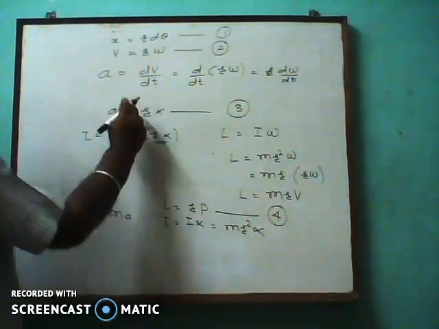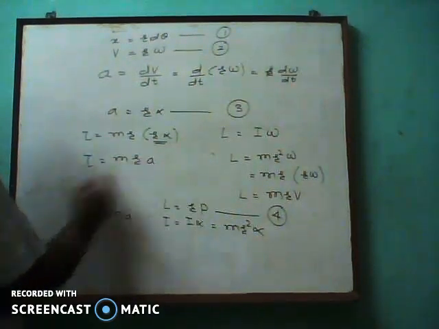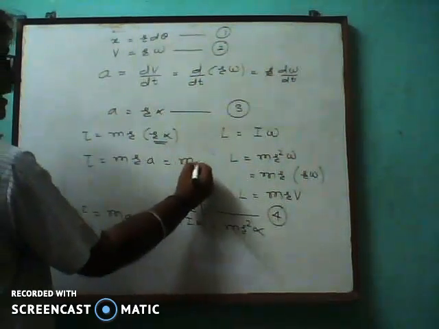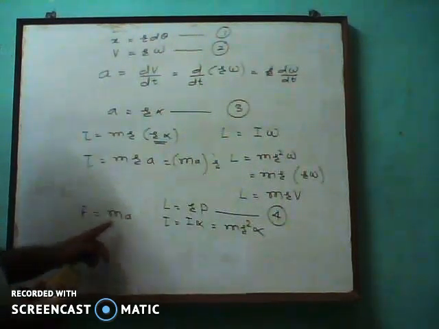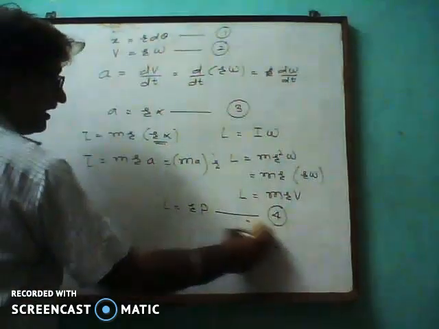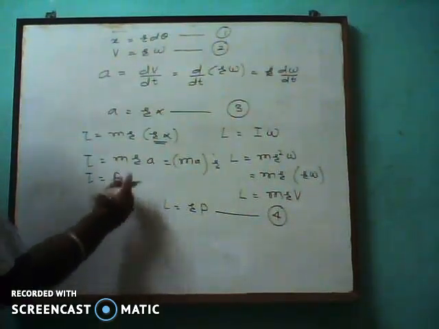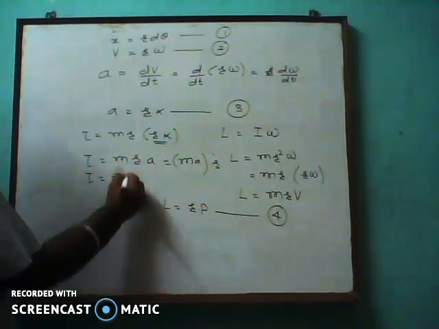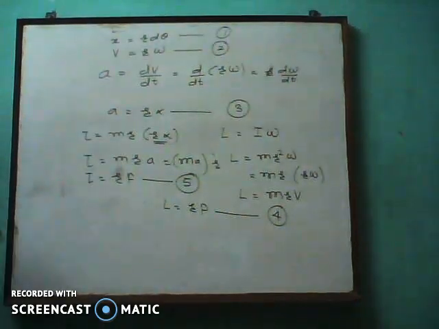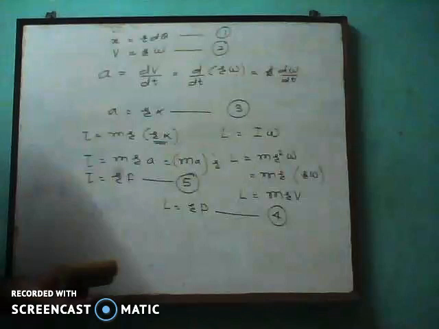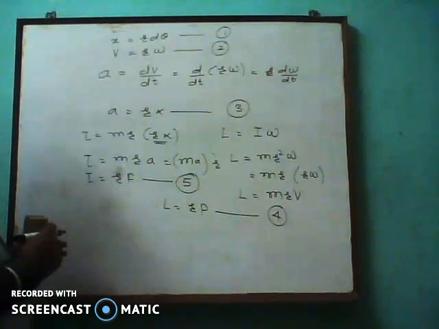R alpha is nothing but a. So torque is equal to m r a, which is also equal to m a into r. And we know that m a is linear force. So another relation is torque is equal to r into linear force. So all the 5 relations between linear and angular or rotational quantities are there.